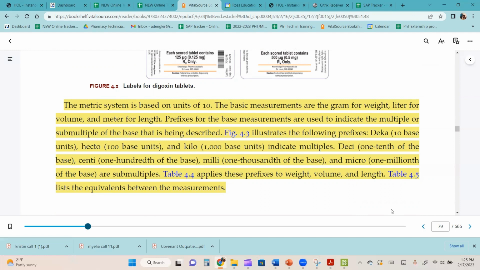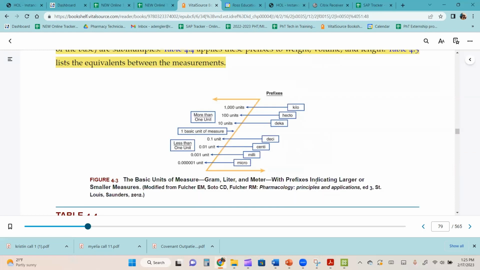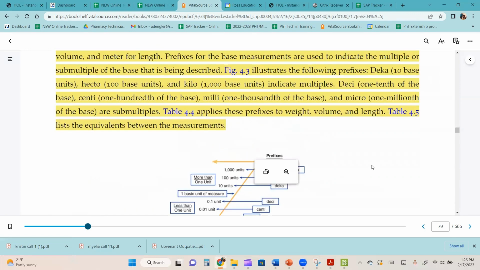Prefixes for the base measurements are used to indicate the multiple or submultiple of the base that is being described. Figure 4.3 illustrates the following prefixes. So we have micro, milli, centi, deci, deca, hecto, and kilo. And the basic unit of measurement right here can be either meters, liters, or grams, depending on whatever you're doing.